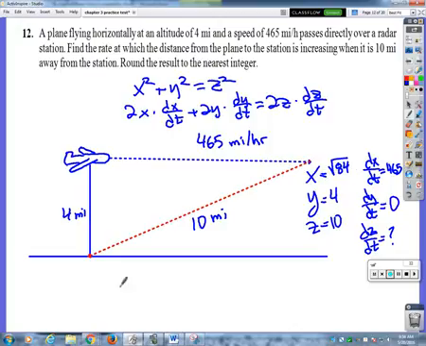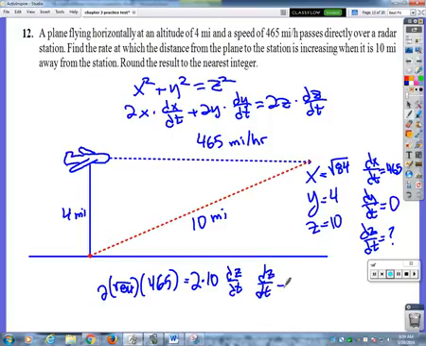So 2 times the square root of 84 times 465. Because dy/dt is 0, that's going to cancel out. Equals 2 times z, which is 10, times dz/dt, which is what we're trying to find. So dz/dt equals this divided by that.